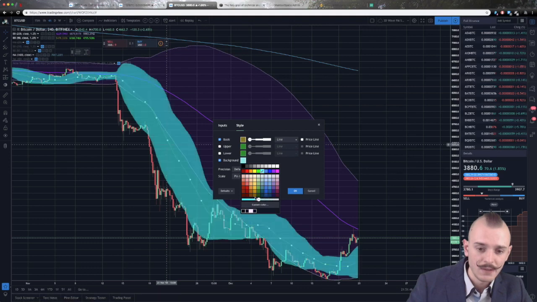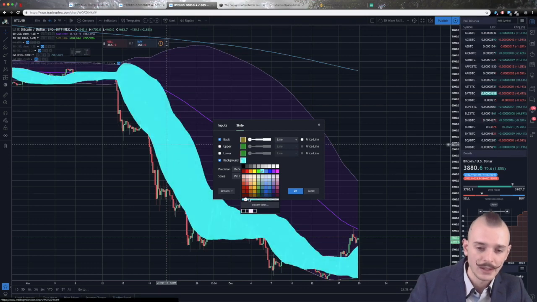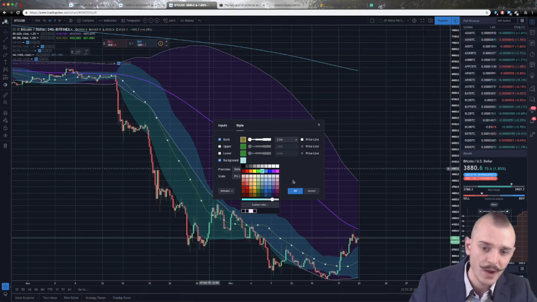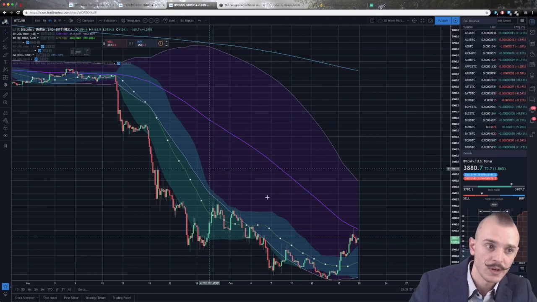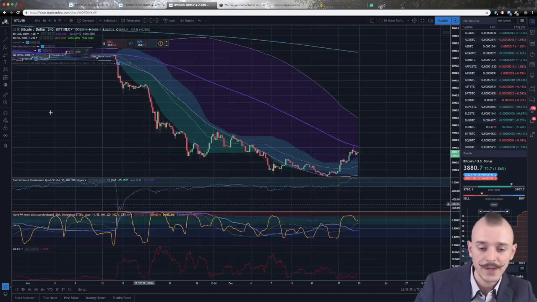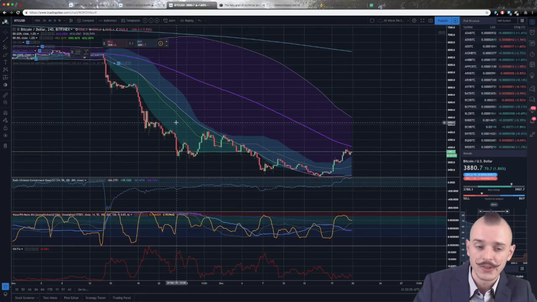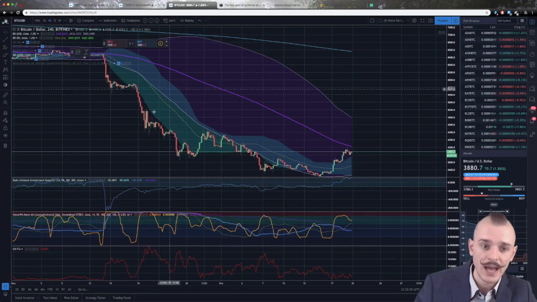And then if things are too hard to see, just drag the color slider on the right down as far as you like and have as little data on your chart as possible. That is so important, guys. My chart layouts are very clean and meticulous, and it's taken a long time to get them to this level of efficiency. So I very much recommend using clouds instead of lines.